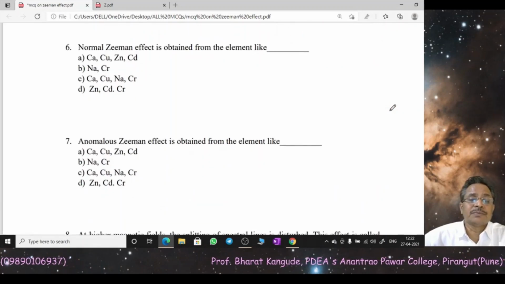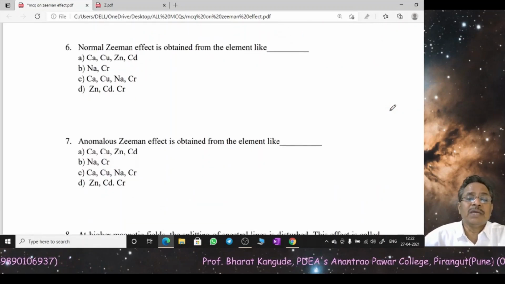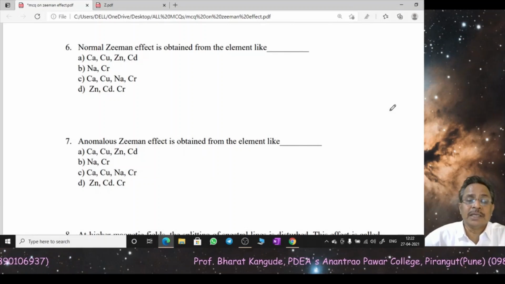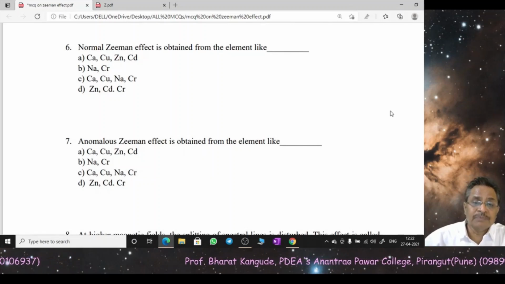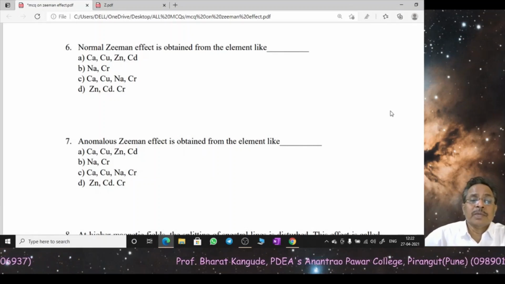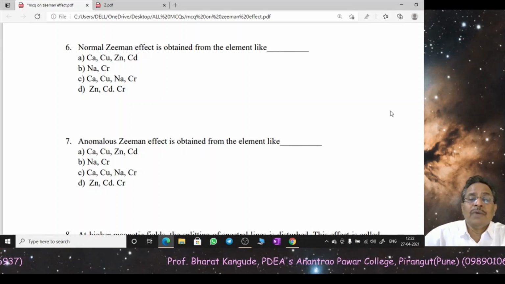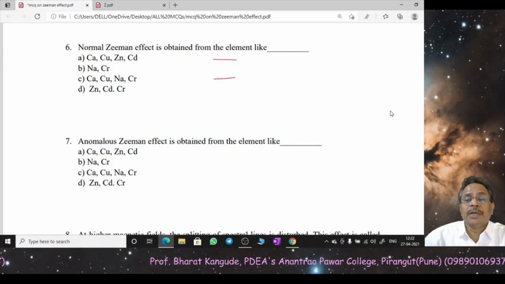Question number 6. The normal Zeeman effect is obtained from elements like... This is again a theoretical question. The normal Zeeman effect is observed when a singlet gets split into a triplet, that is, one single energy level gets split into three different energy levels.